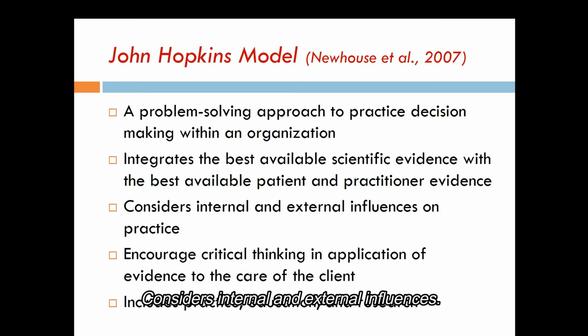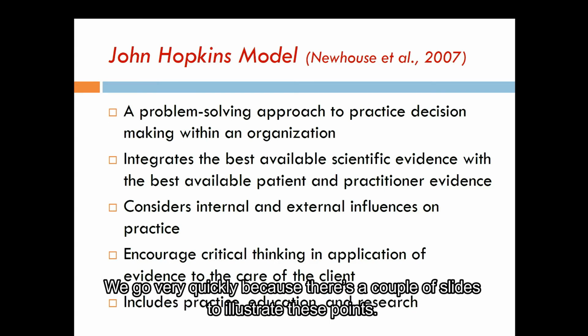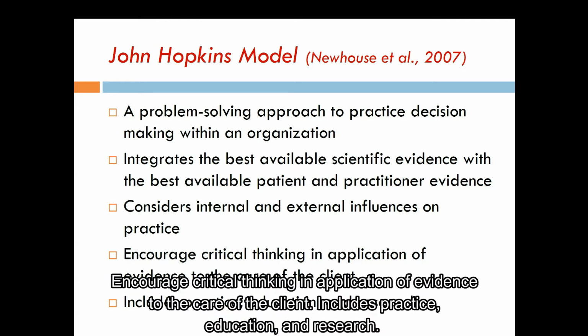Consider internal and external influences. We go very quickly because there are a couple of slides down there to illustrate these points. Encourage critical thinking in application of evidence to the care of the client. Includes practice, education, and research.